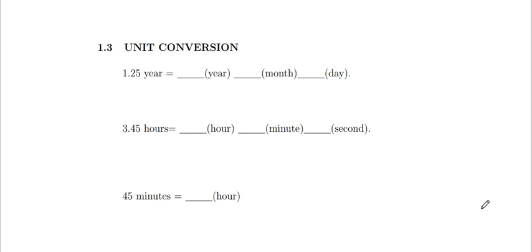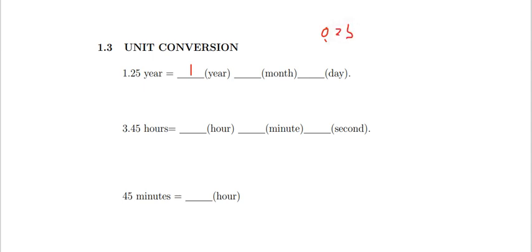Okay. So now this topic is unit conversion. Here we say 1.25 years, or 3.445 hours, or 45 minutes. So we need to change years to months and days. So 1.25 years is 1 year plus 0.25 year.